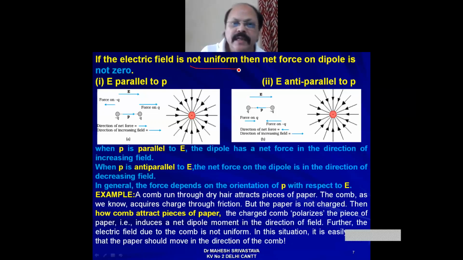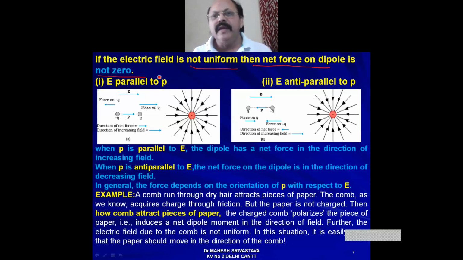First you understand, when the electric field is uniform, the net force acting on the dipole is 0. So that's why there is no translational motion. But if the electric field is not uniform, then the net force on the electric dipole is not 0. If it is not 0, then what happens?